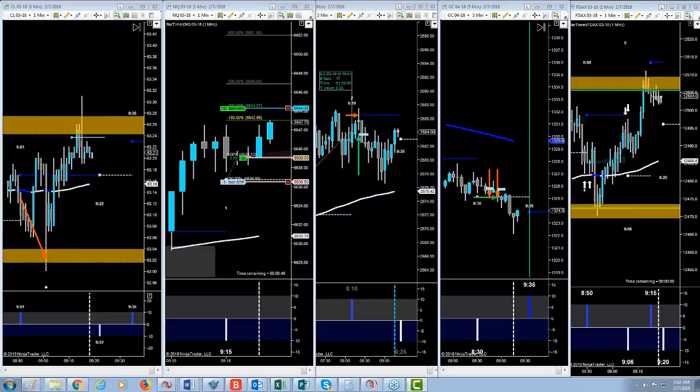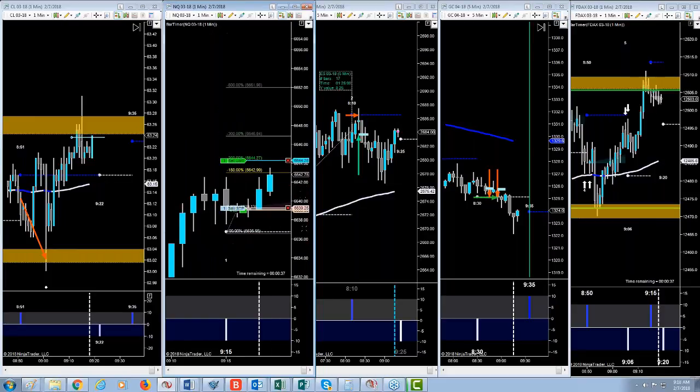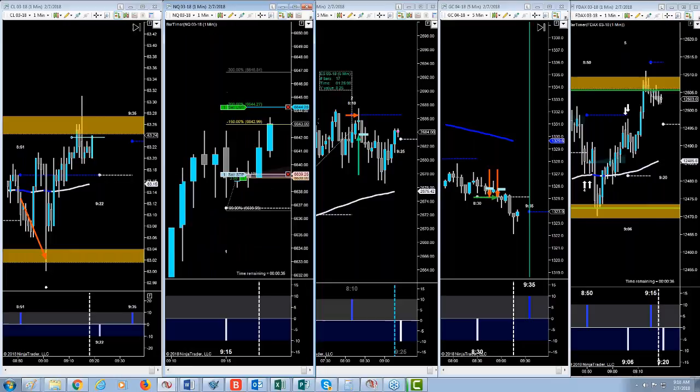All right, NQ is at the 150% extension of risk. So I have permission with my basic rule to move my stop to a break-even point. Sometimes it'll come back down all the way and tag out that stop, which is heartbreaking.